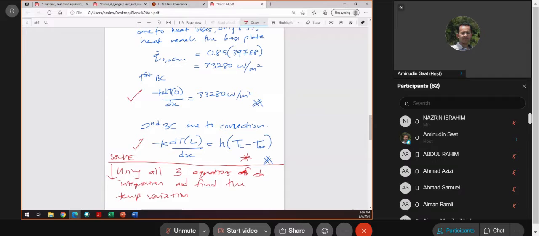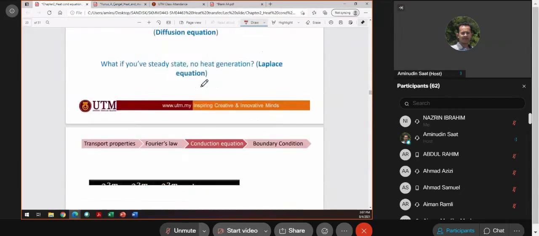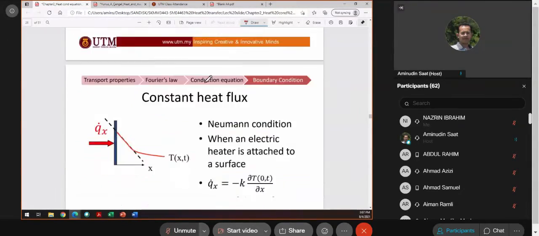Once you want to solve it, you can apply your mathematical understanding of integration, and one or two more equations to find the unknown values of C1, C2 for this integration. That is the first example given in the textbook or in the slide as well.